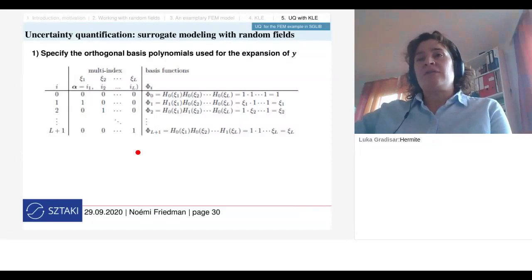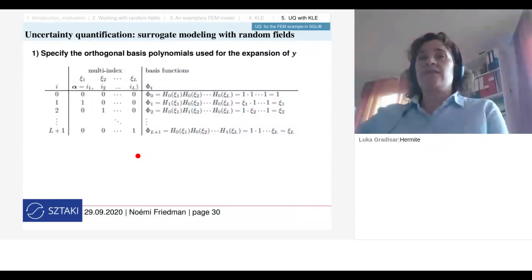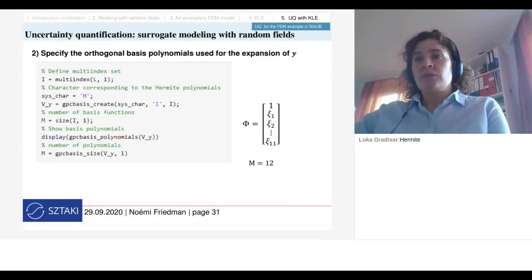So we kept everything very low, and because the problem was only mildly nonlinear, this gave us quite good results, even though we had 11 dimensions and only L plus 1, so 12 basis functions. We could achieve quite good results in the identification later on.